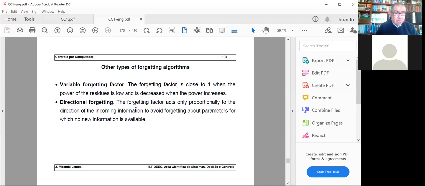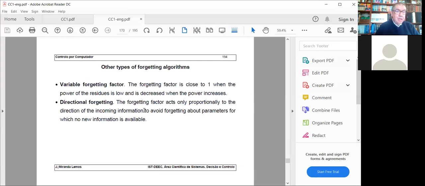So they are very good when some of the parameters are identifiable, some others are less identifiable in the same model. These directional forgetting algorithms are very useful for this situation.